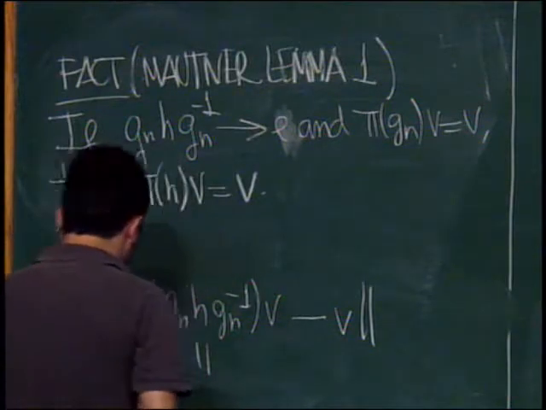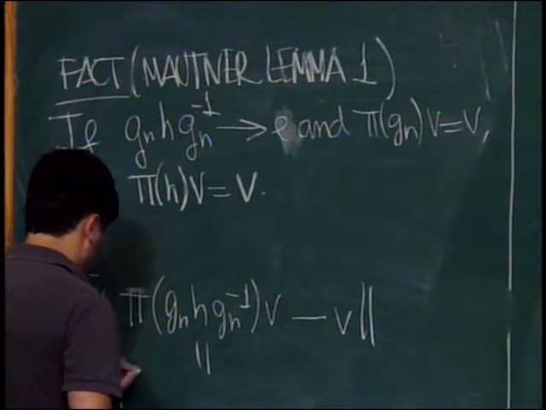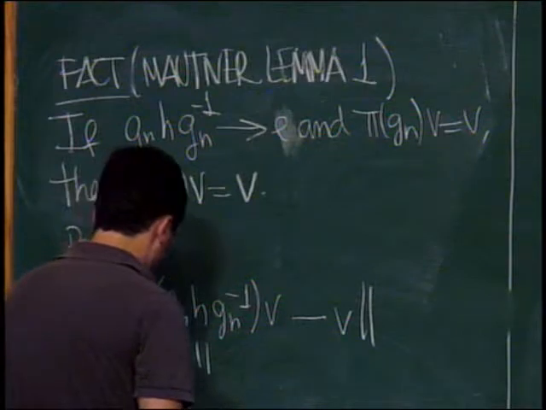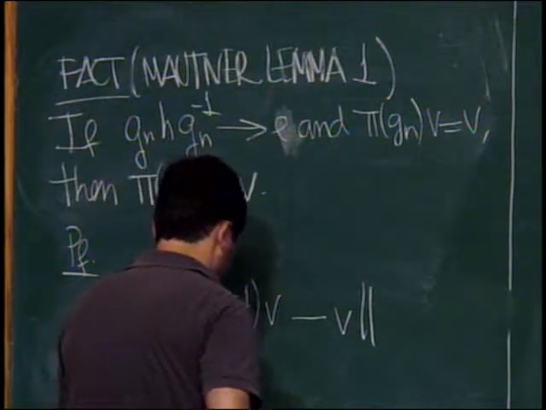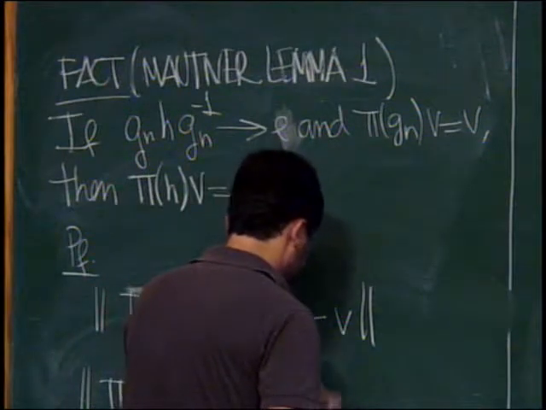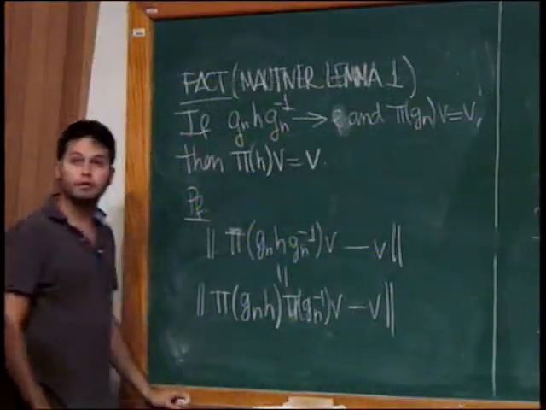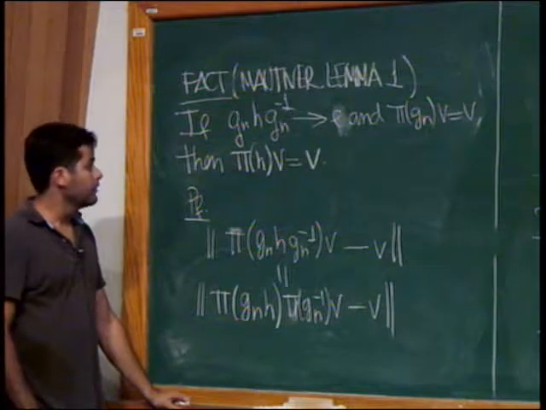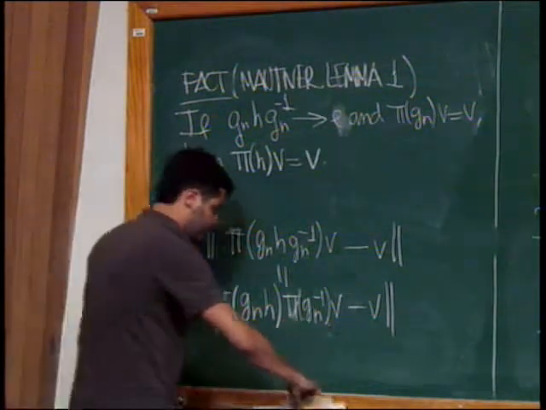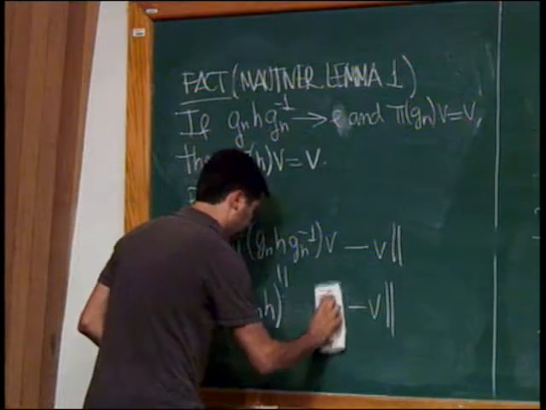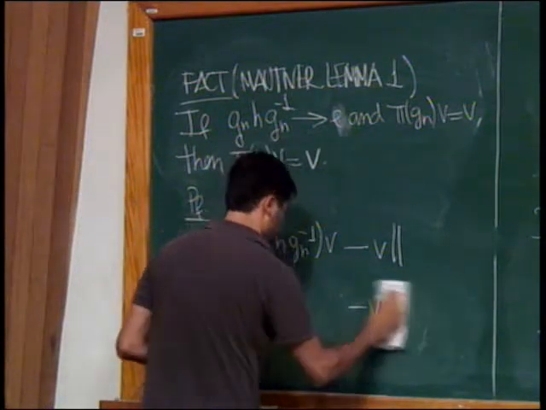So this is equal to pi of G_n, H of pi of G_n to the minus 1, V. We know that this is V, so change it to V.